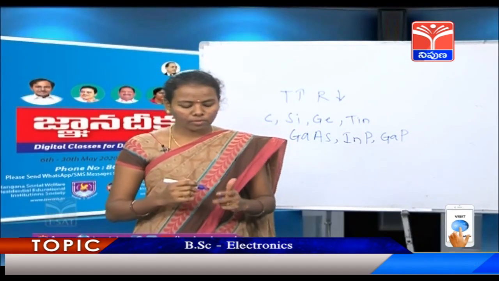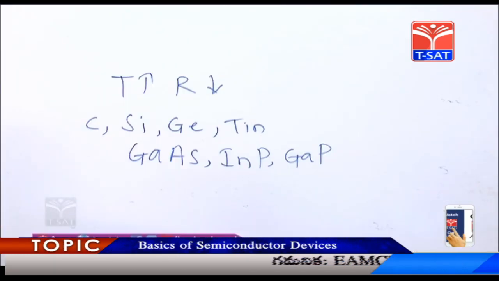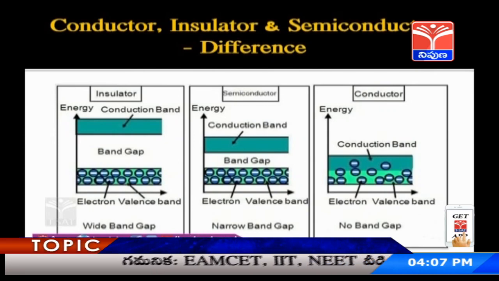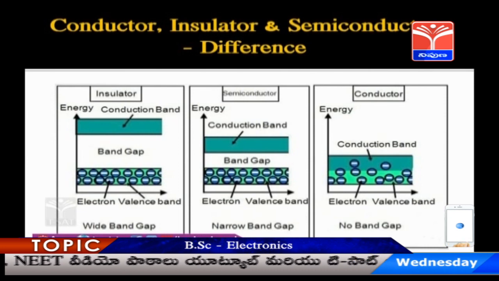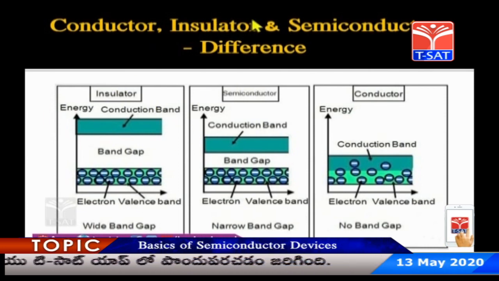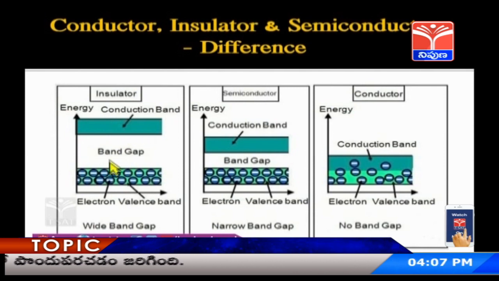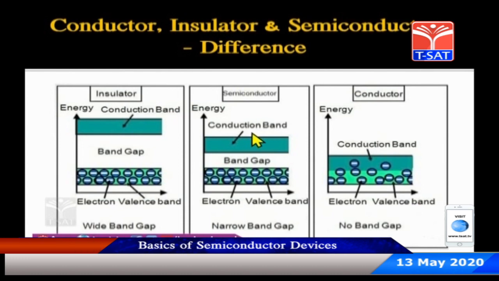We will see the structural differences between the conductor, insulator and semiconductor. See the slide. Any element will have a valence band and conduction band.